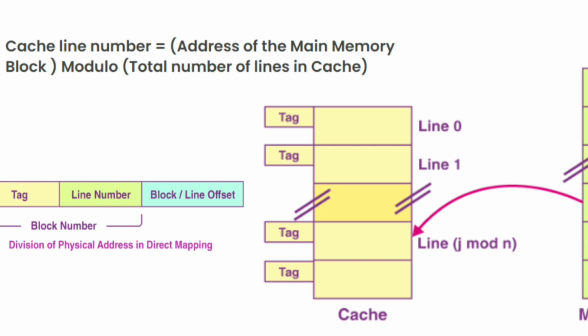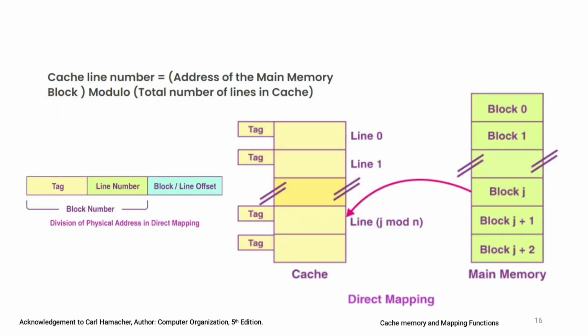Then tag means how many cache-sized blocks. Cache is small, say 16 words. If main memory is 64 words, then how many cache-sized partitions can be made in main memory? Here 16, there 64. Hence 16 fours are 64. So main memory is 4 times bigger than cache.